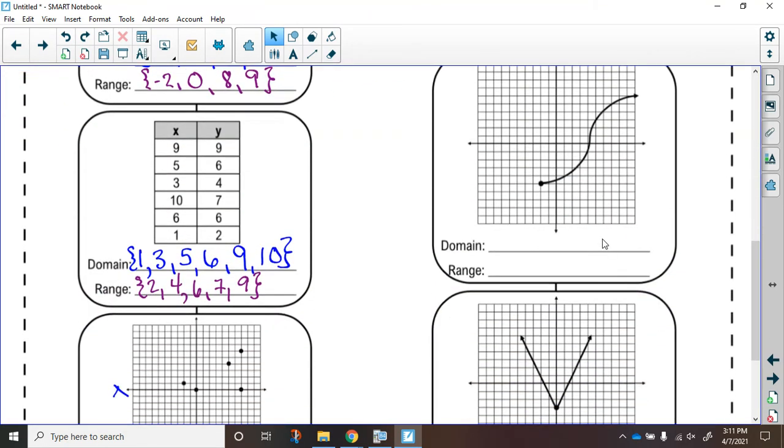For the next graph, again focusing on the x's first, I see that I have one arrow right here. This will affect how we write our graph. It is going in the positive direction, so that means all of my values are going to be greater than or equal to. So here's how we would write our domain.